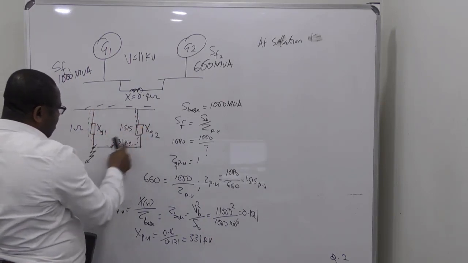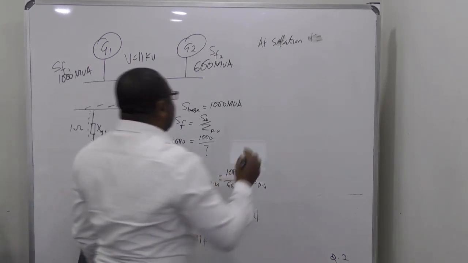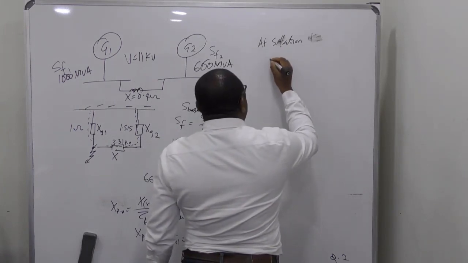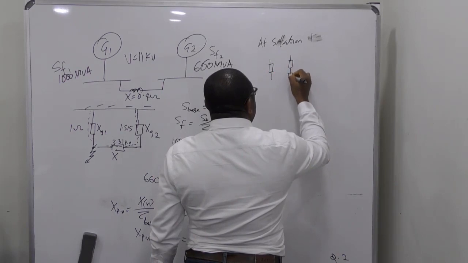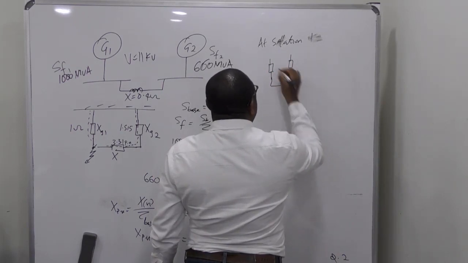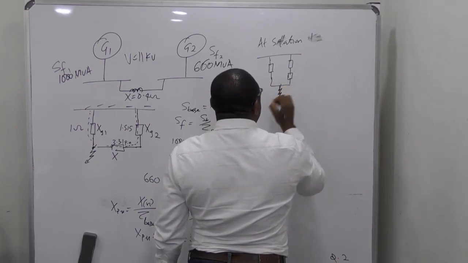So the whole of this and this will be in series, and this series will parallel with that. So it's going to be like that. Right, so that is where our fault is.